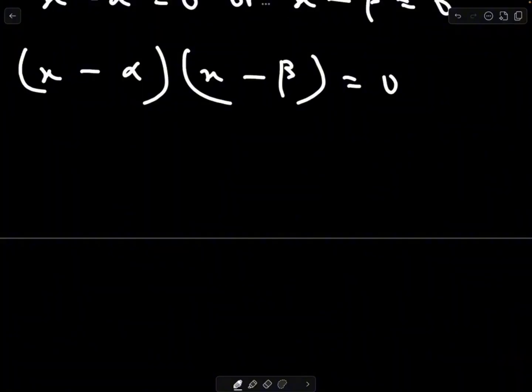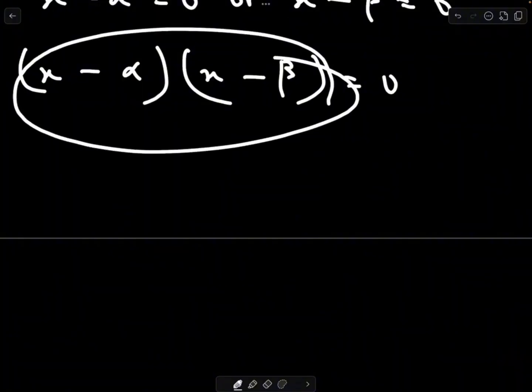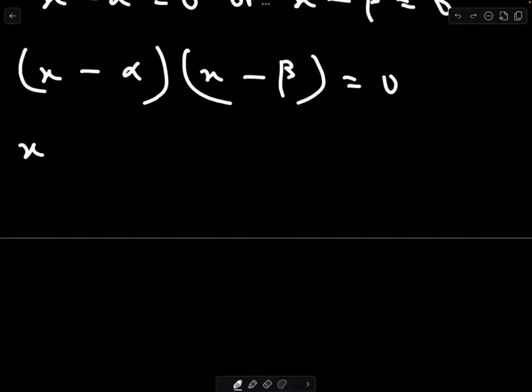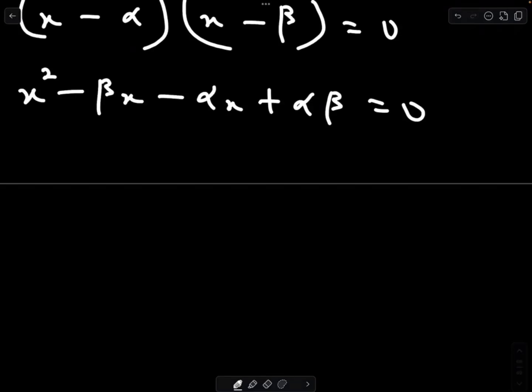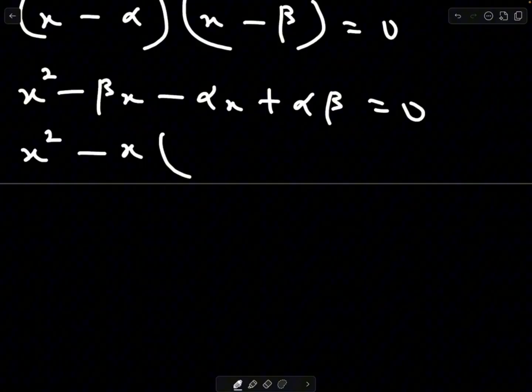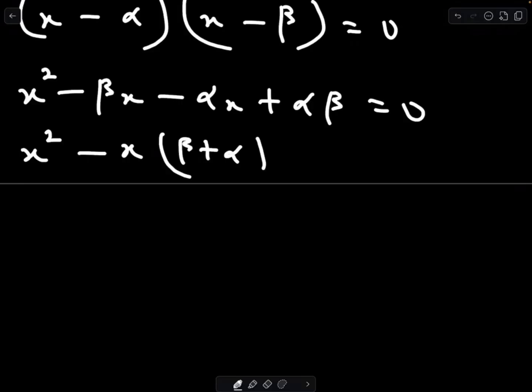Now, if I expand the brackets here, what do I have? x squared minus beta x minus alpha x plus alpha beta equals 0. Now, I can write this as x squared minus x into bracket beta plus alpha.